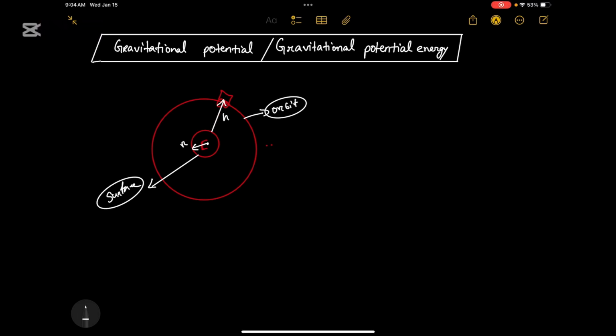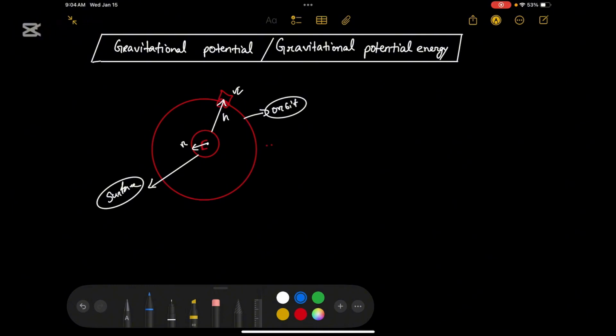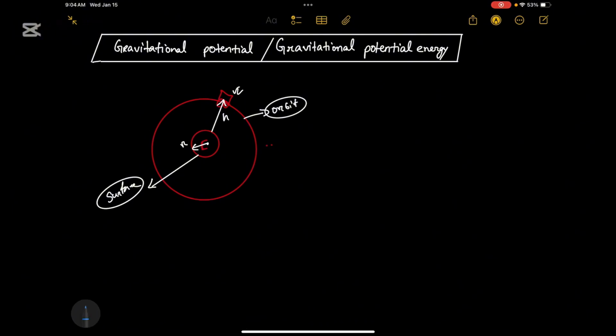So the distance the satellite has gone from the center of the Earth is r plus h. It has been taken to a distance of r plus h. So this blue line is r plus h. This is the radius the satellite is away from the Earth.